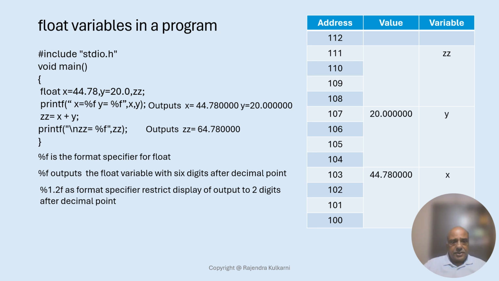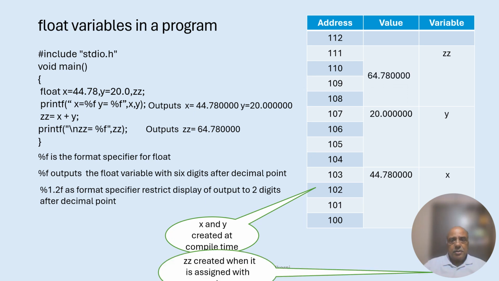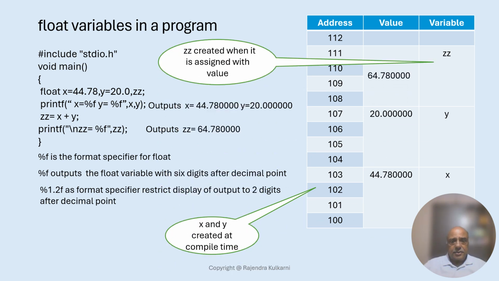When the expression x plus y gets evaluated, its value will be assigned to ZZ, and that value will be stored in the memory location. x and y are created at compile time, and ZZ is assigned its value after that, during the runtime of the program.